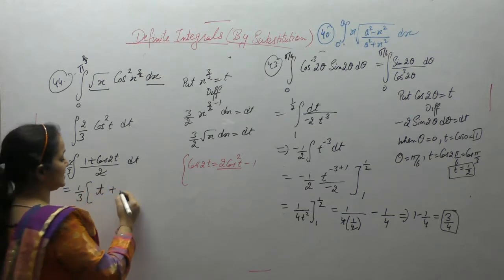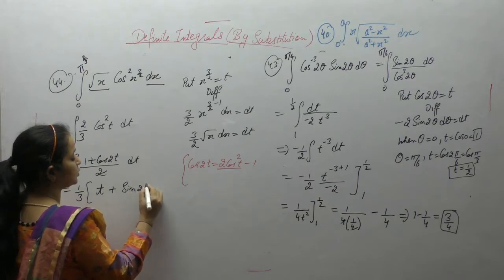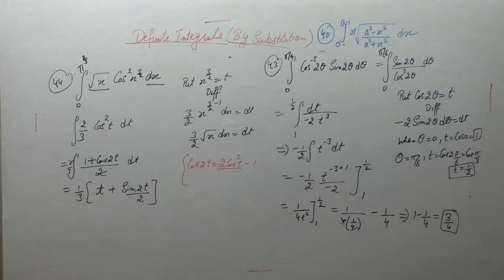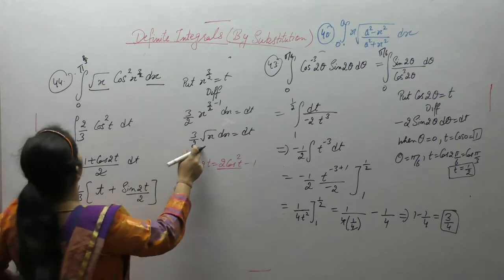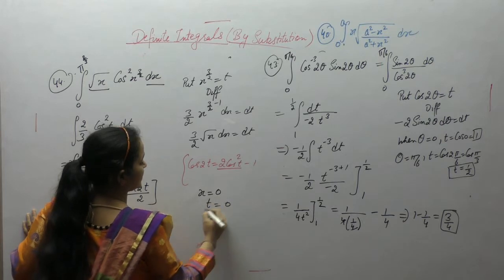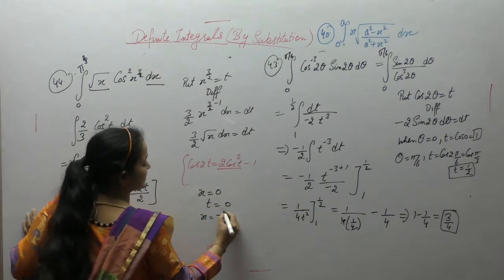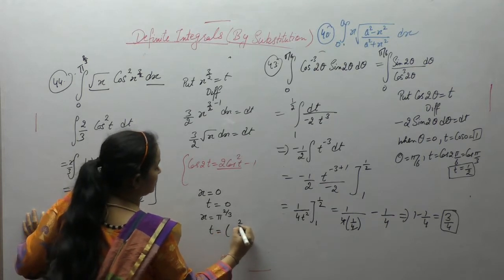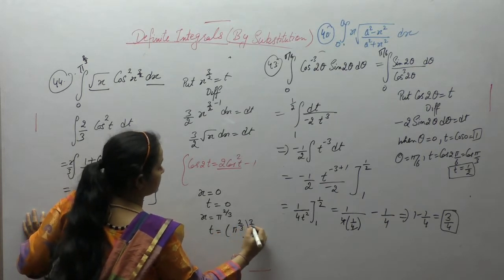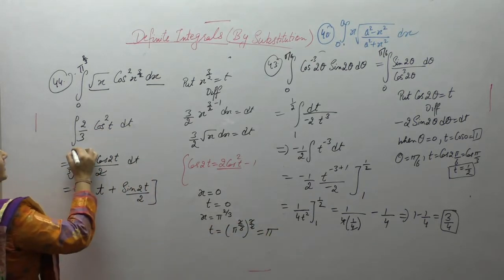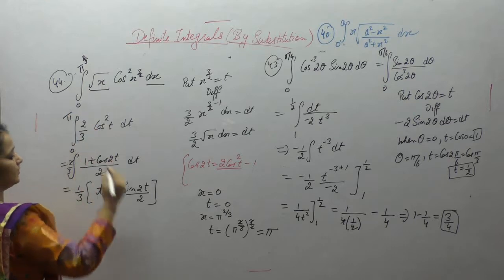Integral of cos is sine, 2t upon 2. Now change the limits. When x is 0, t is also 0, and when x is pi power 2 by 3, then t is pi. So limit changes to 0 to pi.